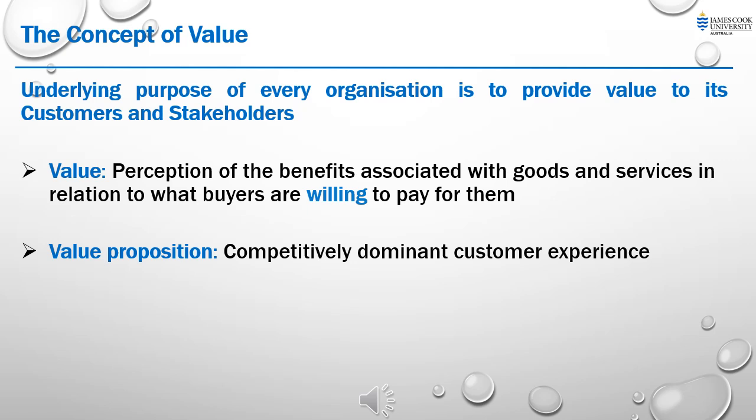And customers or stakeholders do see those values that have already been created. So basically, value is a perception of the benefit associated with the good and service in relation to what buyers are willing to pay for them, right? So that's very important to us.